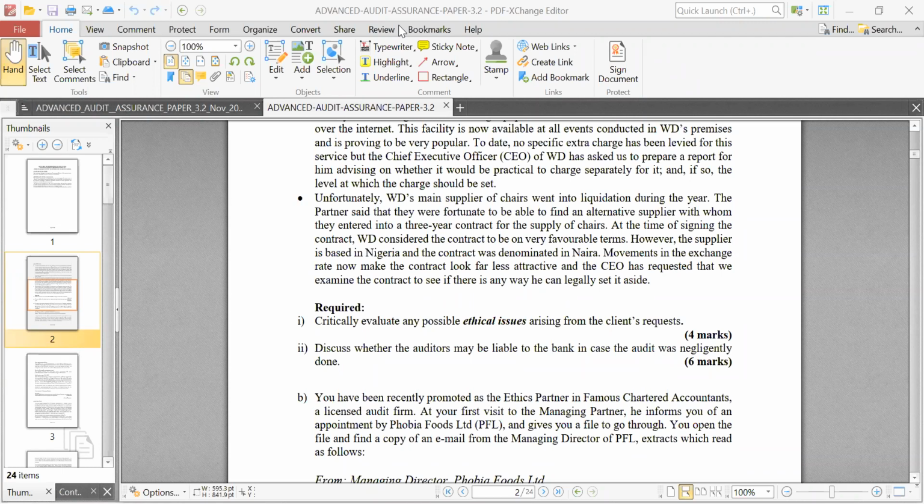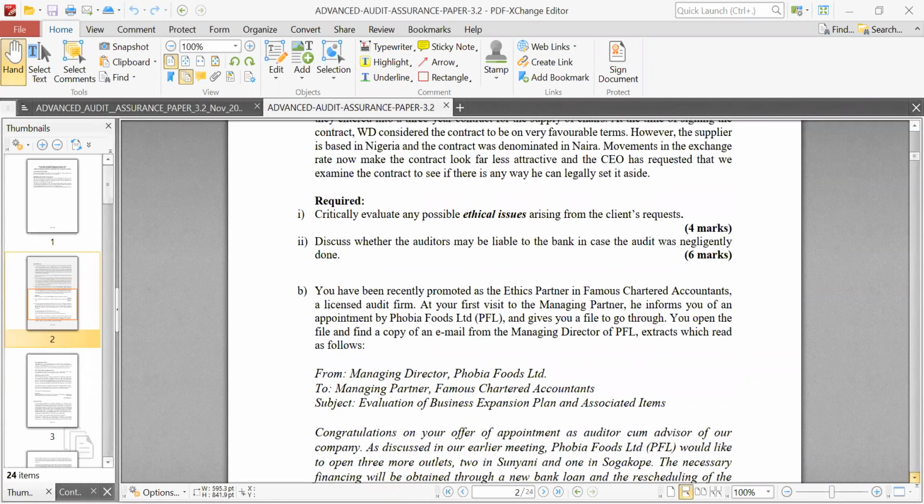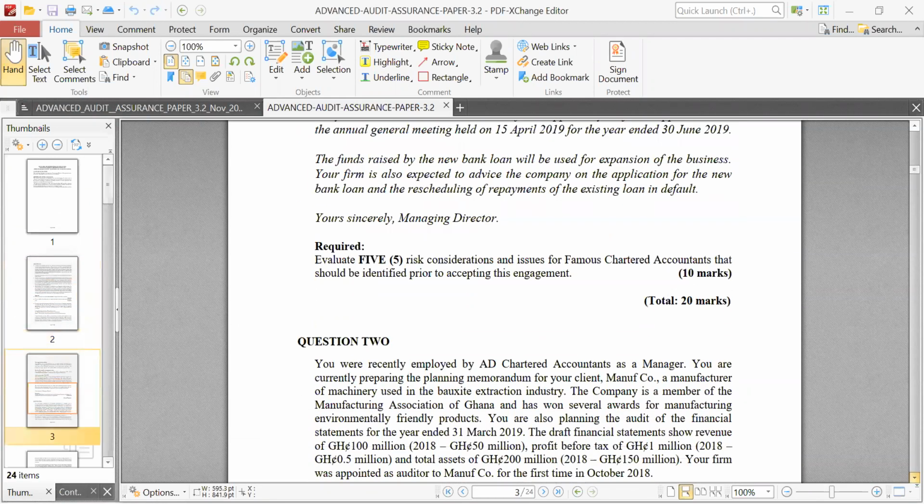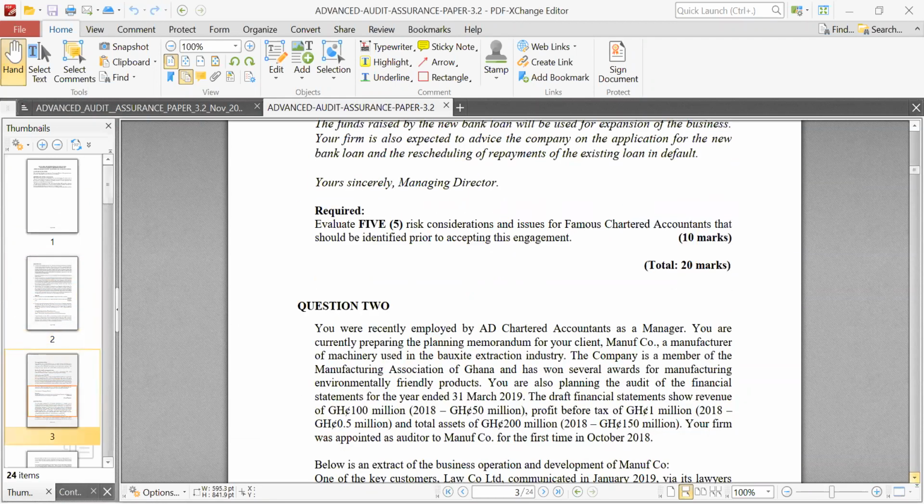Okay, now let's move on to B. In B, we are told to evaluate 5 risk considerations and issues for famous chartered accountants that should be identified.